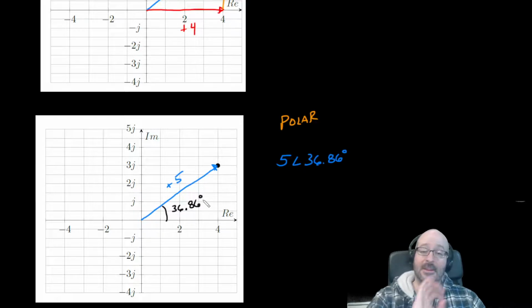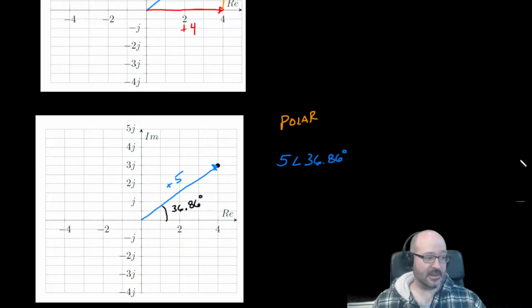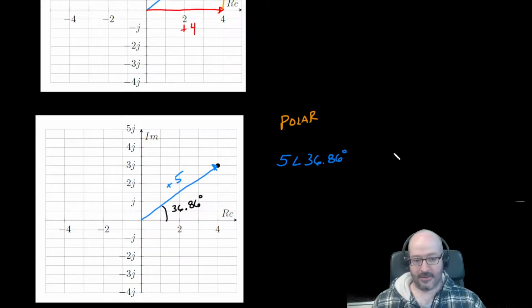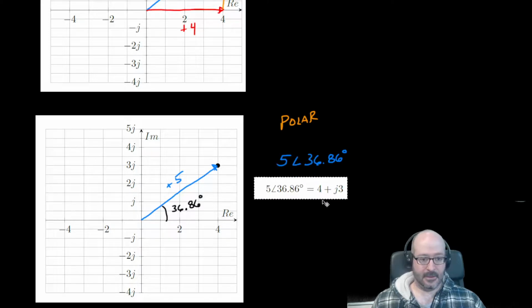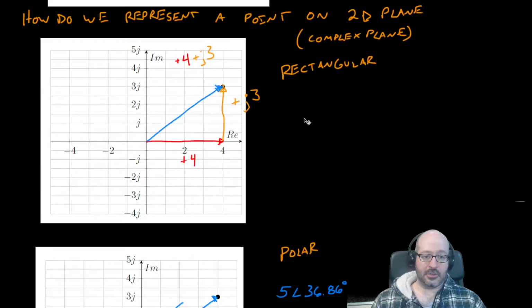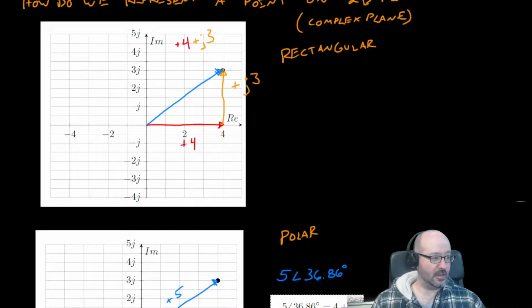Okay, gets me to the same point. And if it gets me to the same point, I get to say that those two numbers are equal to each other. All right, so we can do this just like that. Now, if you want to convert between them, do a little trigonometry. That's all it takes is a little bit of trigonometry to get you where you're going.